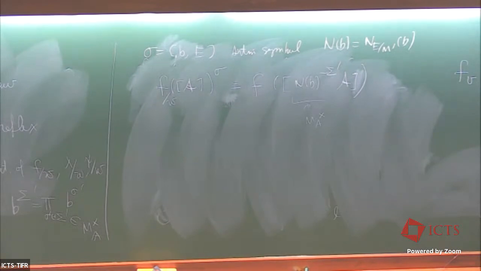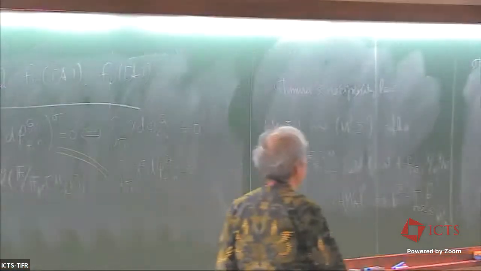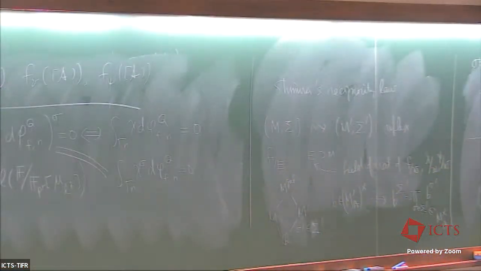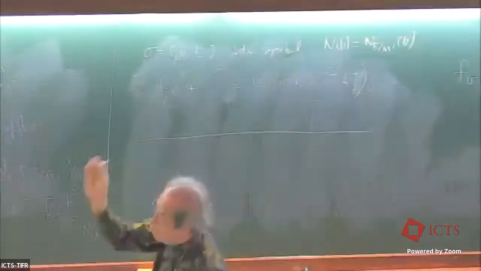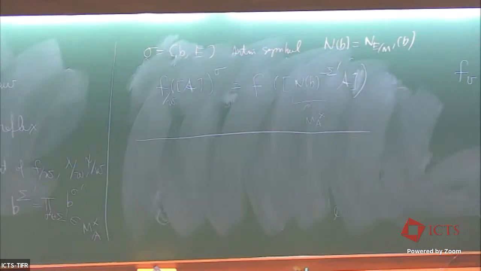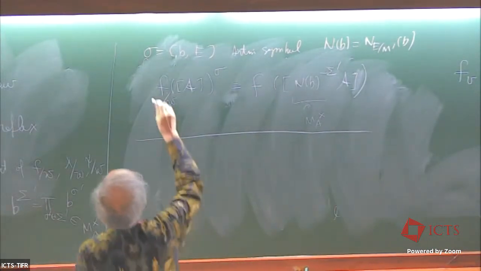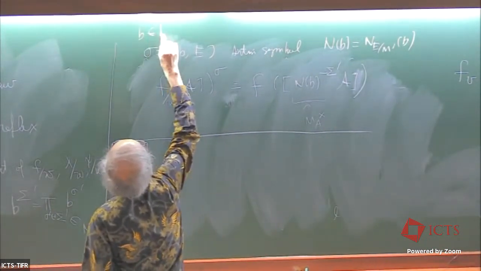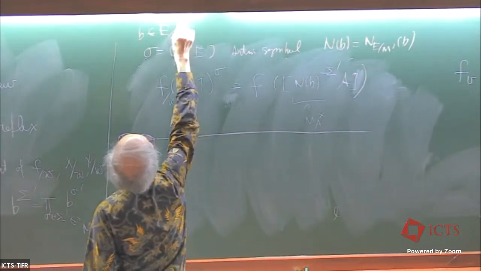Yeah, this one. All right, I just erase it. Maybe I write it again here. Sigma is the Artin symbol of B. B is, I pick any, so B is EA.